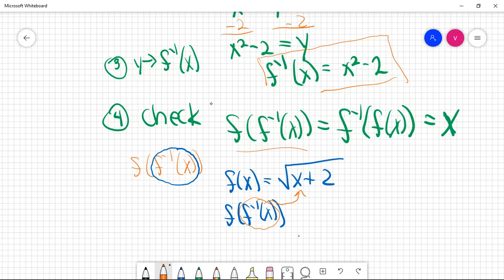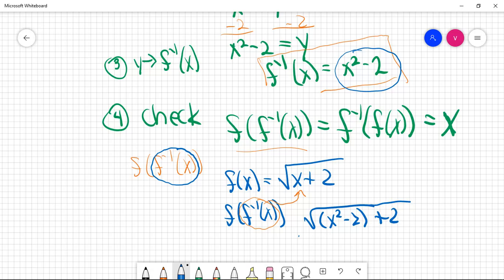Okay, so now you can see how compositions and inverses, everything depends on each other. So that would mean we're going to put that square root function x. We're going to stick f inverse of x, which is right up here, x squared minus 2, as the input, plus 2, right?